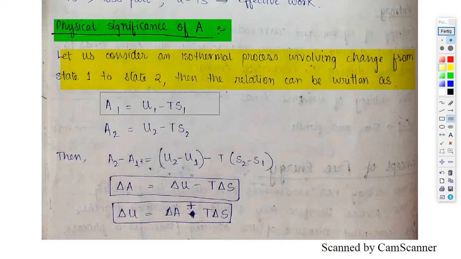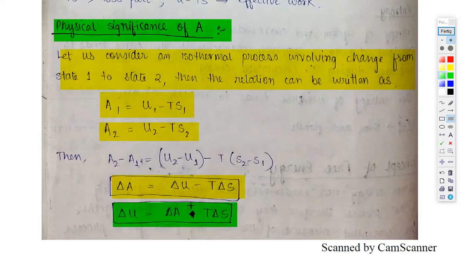Then A1 equals U1 minus TS1, and since the process is isothermal the temperature is constant, A2 equals U2 minus TS2. The change in the Helmholtz function, delta A, equals delta U minus T delta S, where delta S is the change in entropy and delta U is the change in internal energy. So delta U equals delta A plus T delta S.